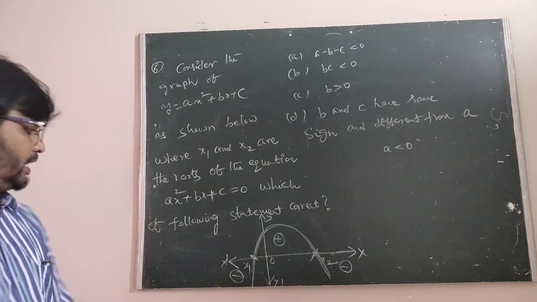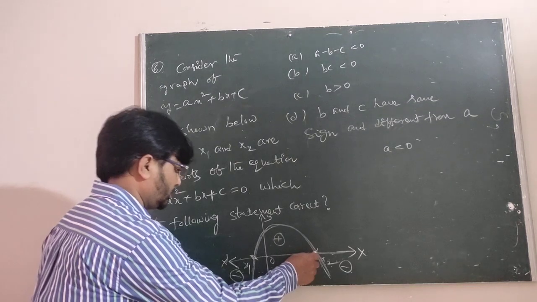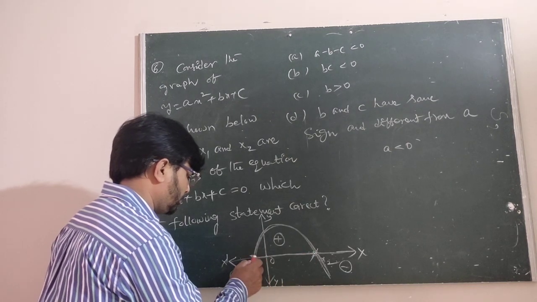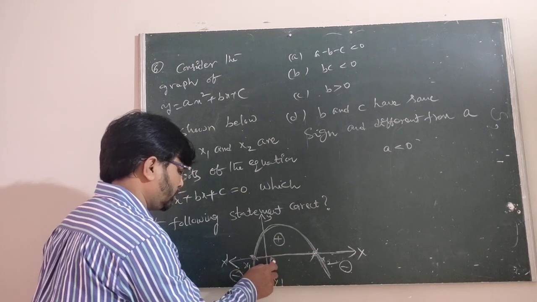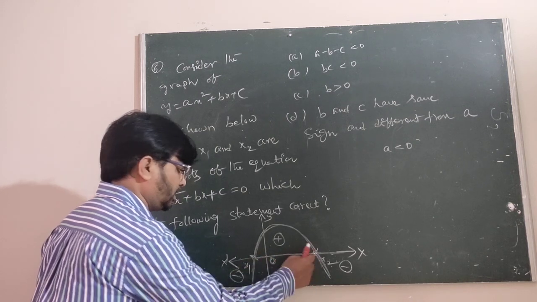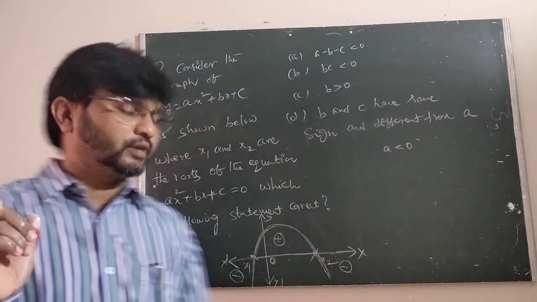Now another one here. In between x1 and x2, 0 is there. Therefore 0 must lie in the interval x1, x2.